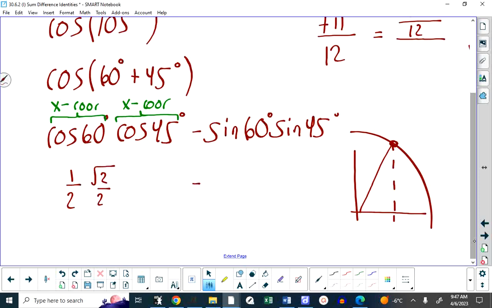Now we have minus, I just want to line things up here, minus sine of 60. Well, that's the y-coordinate at 60, which is root 3 over 2, multiplied by the sine of 45, which is also root 2 over 2.